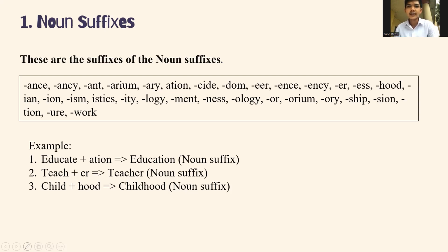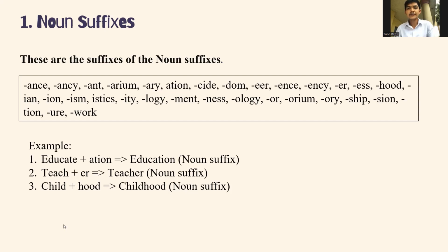And the second example, we use teach with ER, and we get the word teacher, and the word teacher is a noun suffix. And the last example, child plus hood, we get childhood, and childhood is a noun suffix.